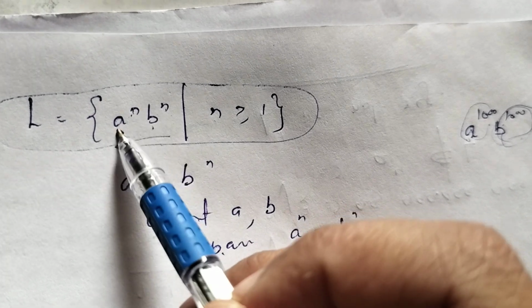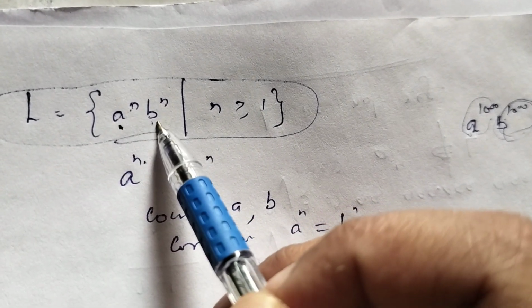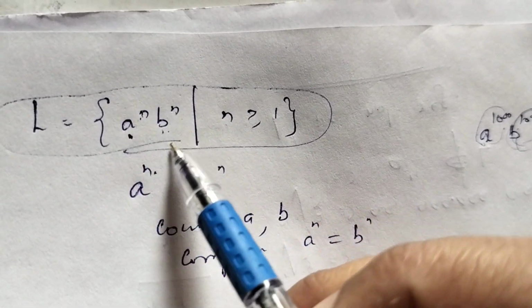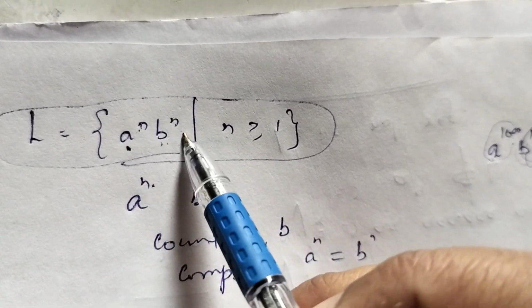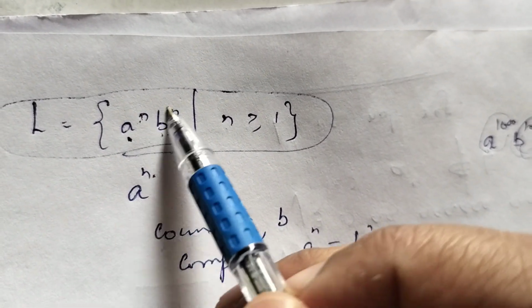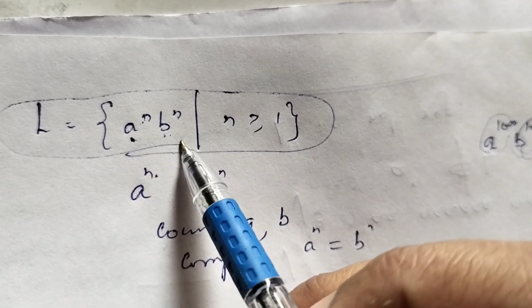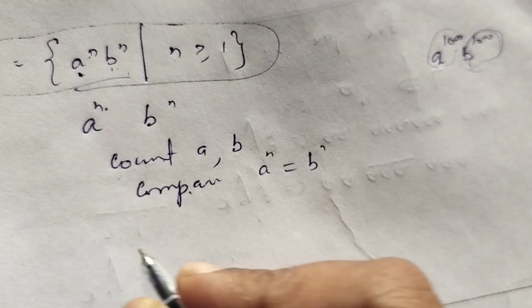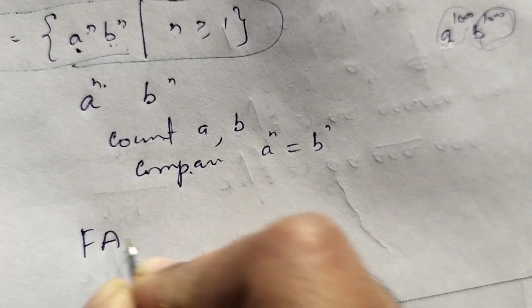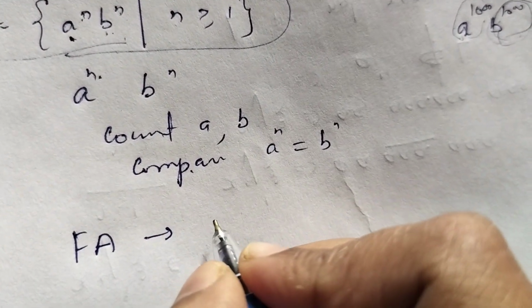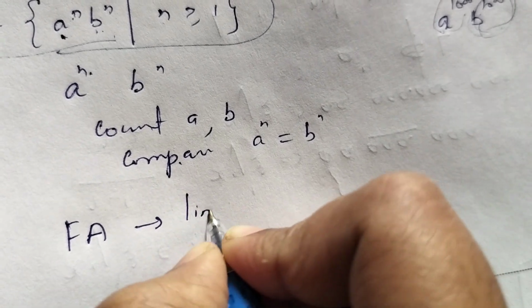If there are 1 lakh a's, it should be followed by 1 lakh b's. So we need to store that many a's and b's, count them, and finally compare whether the number of a's and number of b's are equal. Since a finite automata has a finite number of states, its memory is less.